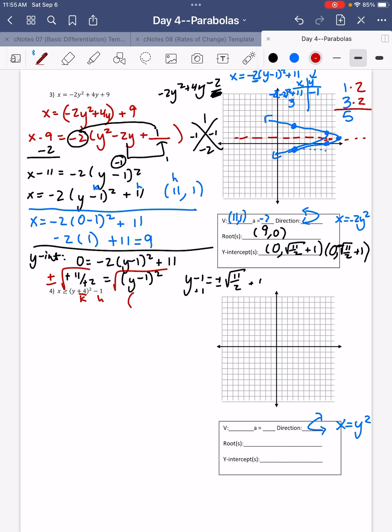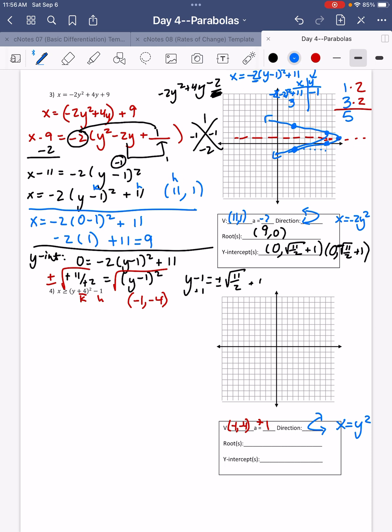So for hk, we're going to get same as h, opposite as k. So negative 1, negative 4 is my hk there, and my a value is positive 1, so that means our parabola will open to the right there.